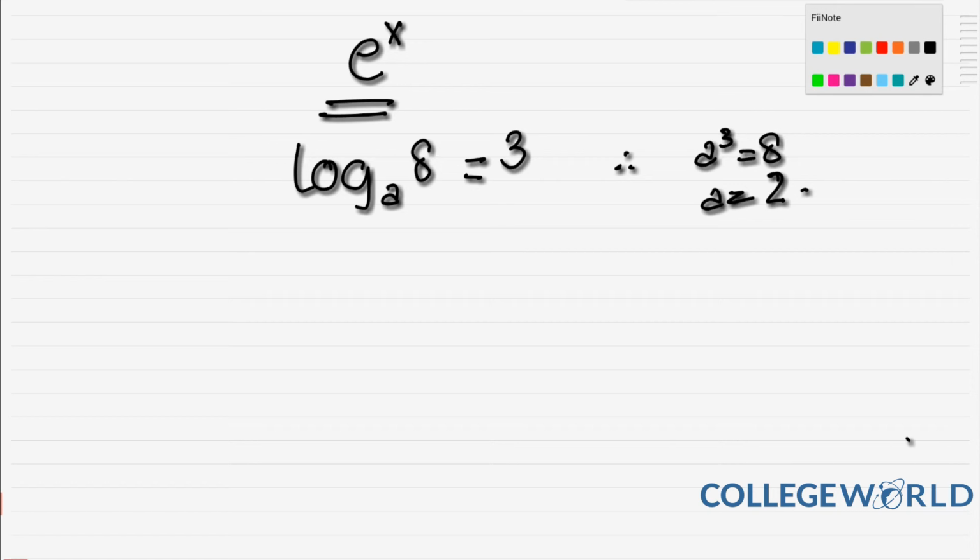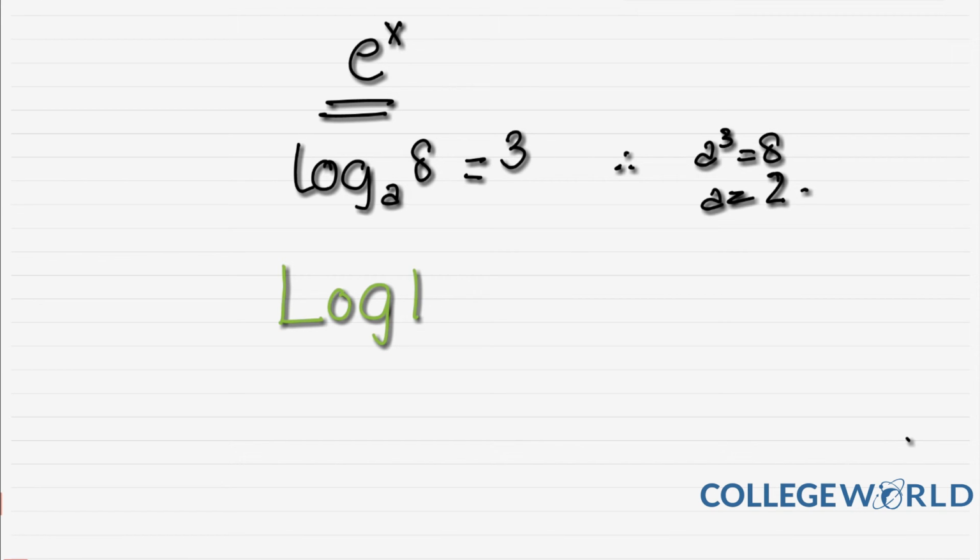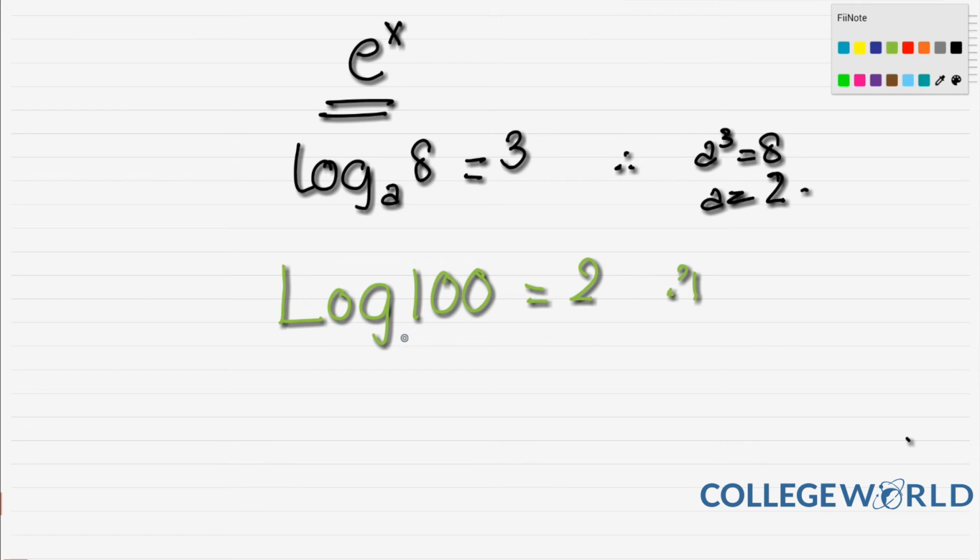Now, here's something. When we use a small letter l, then we use a base. But if I just tell you we have a capital L Log and we have 100, then your answer is going to be 2. Why? Because when we say Log with a capital and we don't say the base, then we simply mean log to the base 10. Now, let's go back to the e.